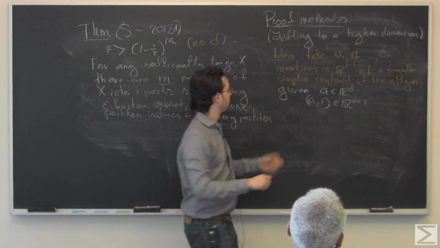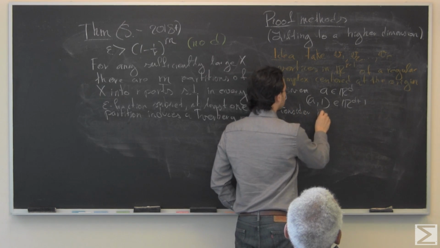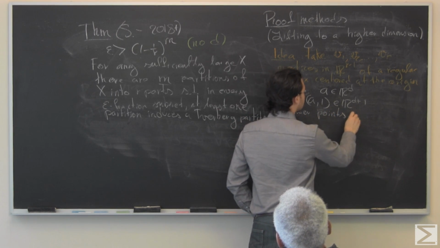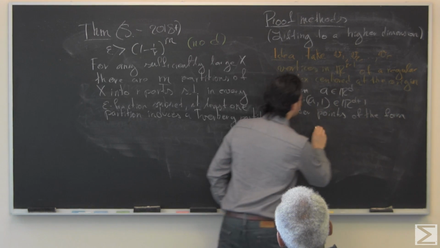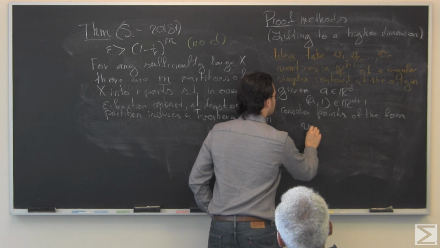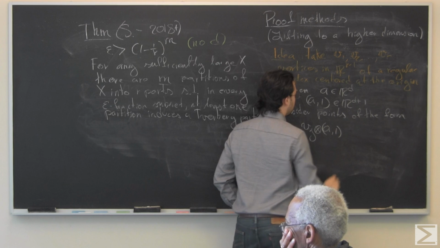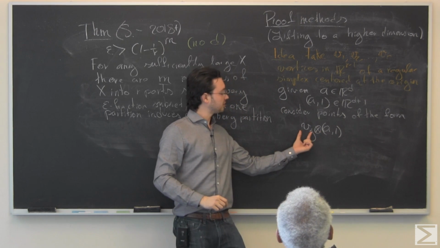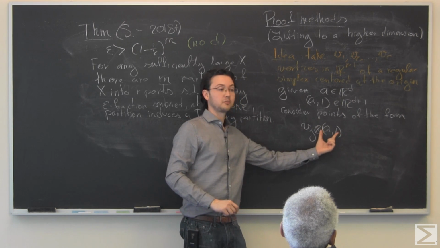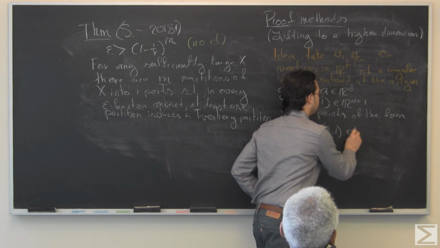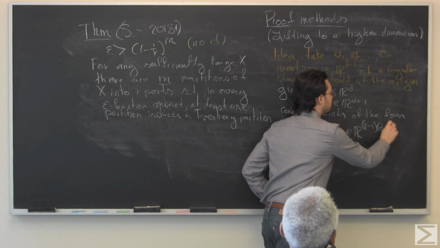And then what I do is I consider the points of the form p_j tensor a_1. So I take the tensor product of these magic points I got here, and this point I constructed. This lives in dimension (r minus 1) times (d plus 1).